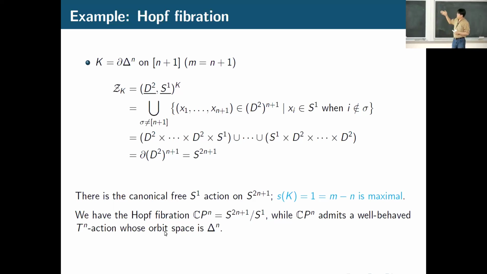And you know that the quotient space gives the Hopf fibration, and the quotient space, the orbit space, is CP^n. That is the most important example of a toric manifold. So this gives us exactly what we need.